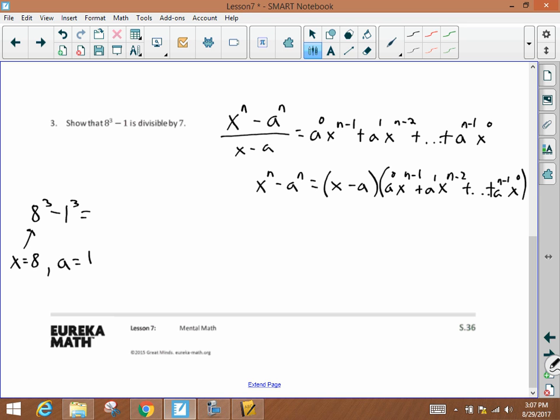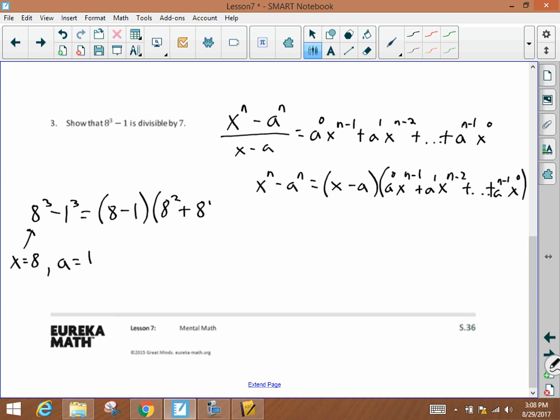So then I can write this as 8 minus 1 times, and let's go through that. 8 to the 0 power is 1, right? And then our x to the n minus 1, so this is 8 to the second power, 3 minus 1, plus 8 to the first power, which is just going to be 1 anyways. And then we have our x to the n minus 2, which would be just 8 to the first power.